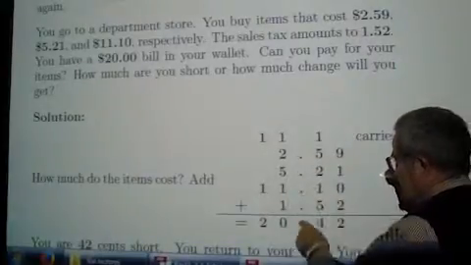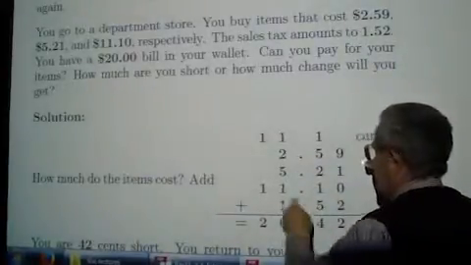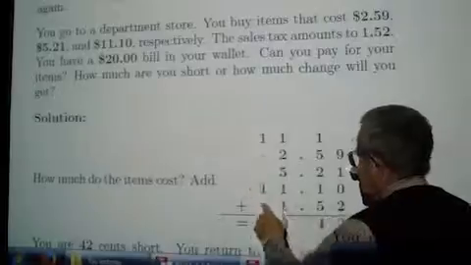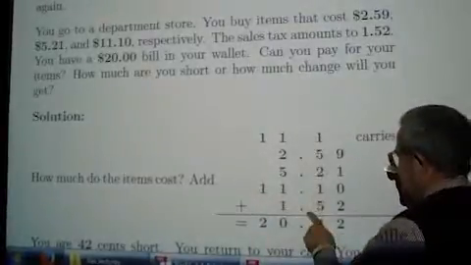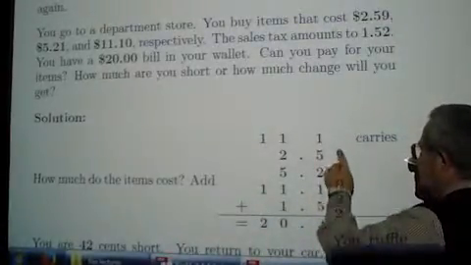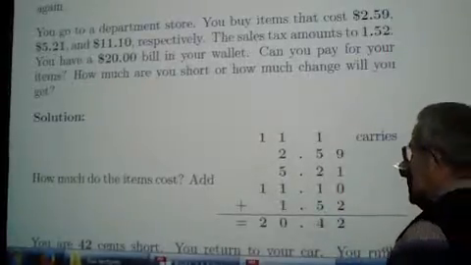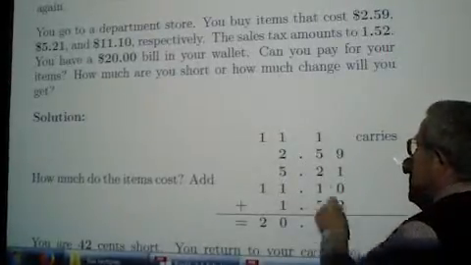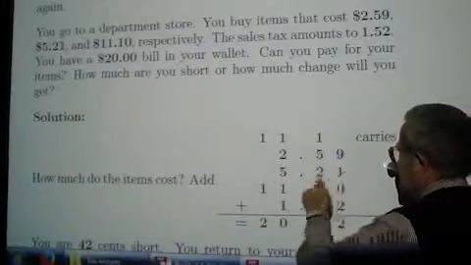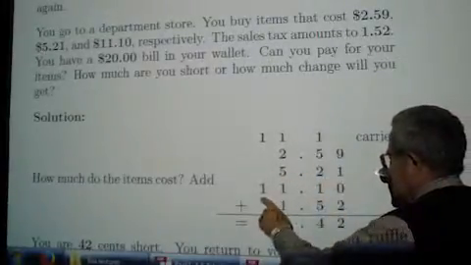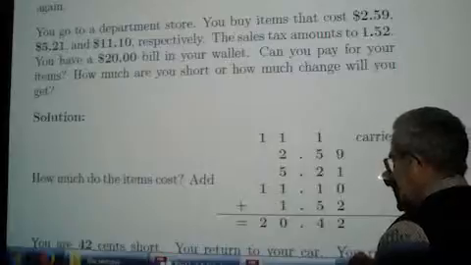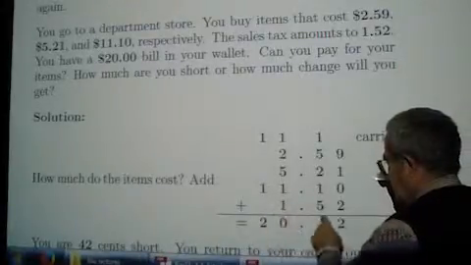You want to line up the decimal points because then you add ones to ones, tens to tens, tenths to tenths, hundredths to hundredths. And when you add these numbers, you get 2.59 plus 5.21 plus 11.10, and 1.52.